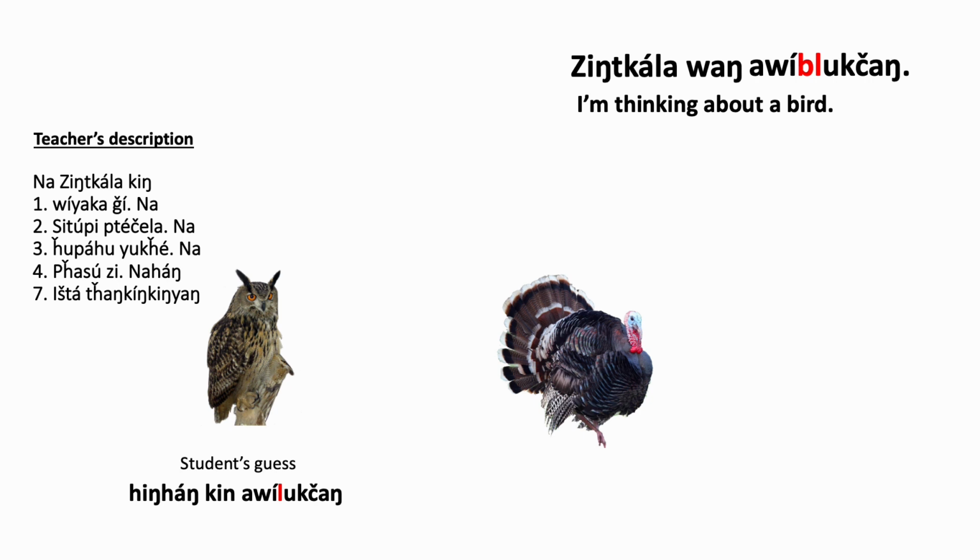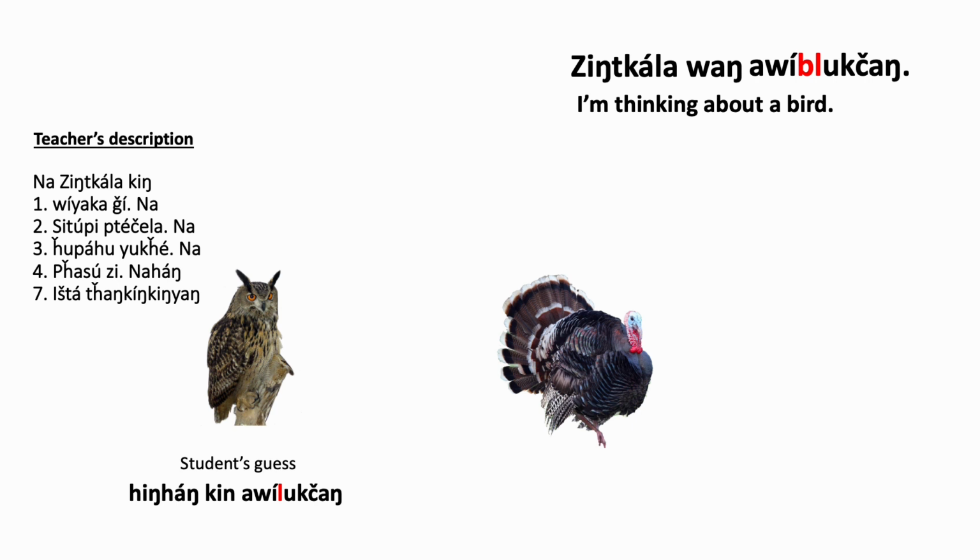Okay, so when they look at that, they can see that the wagleksho, the turkey, situpi tranka, it has a large tail. So then they should zero in on the owl. If they don't get it by any of those other clues, by the tail, then once you say ishta trankinkia, okay, ishta is eyes, and then trankinkia is the reduplication of tranka, of large.